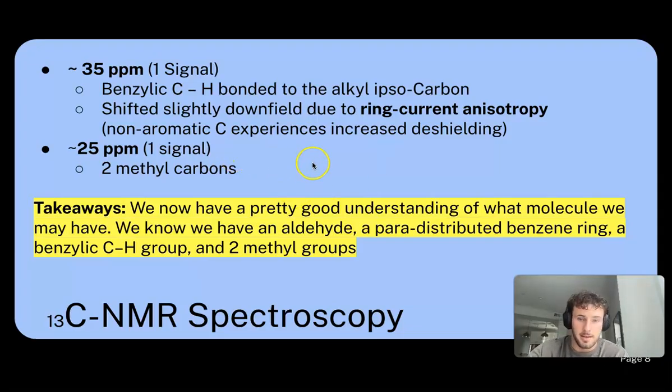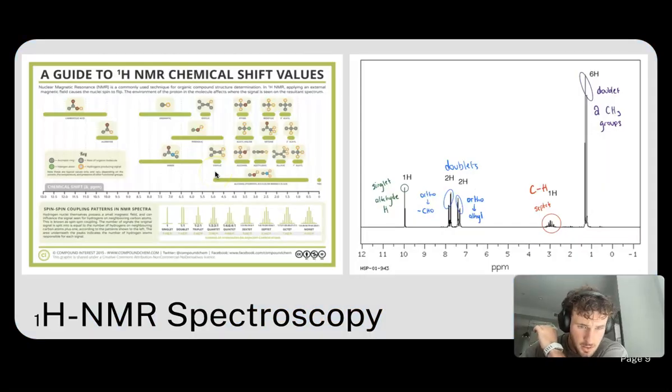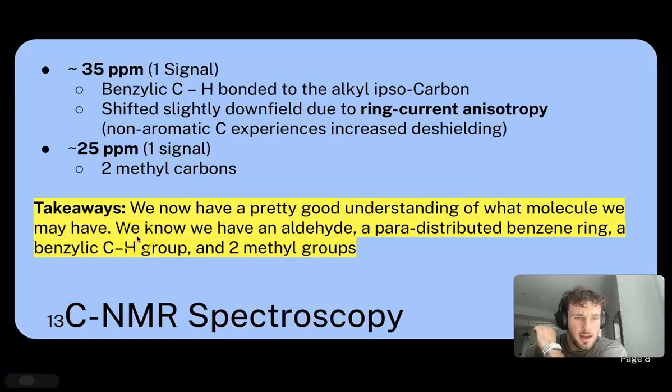So this non-aromatic carbon of the CH bond experiences a little bit of increased deshielding due to the ability of the double bonds to move around the benzene ring. And at 25 parts per million, we have the one signal of the 2 methyl carbons.